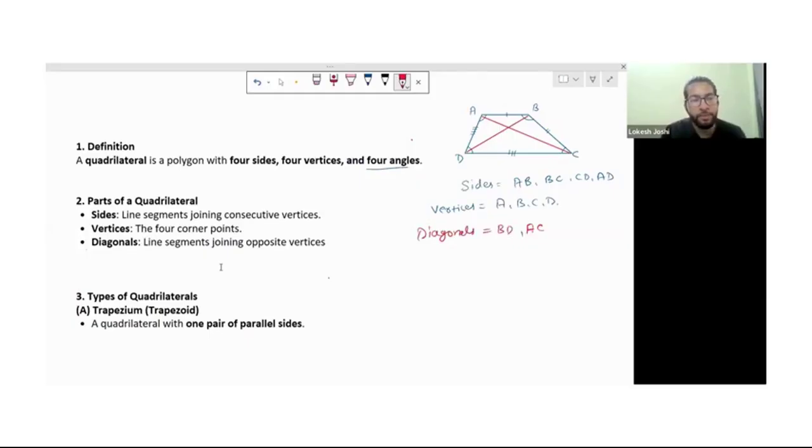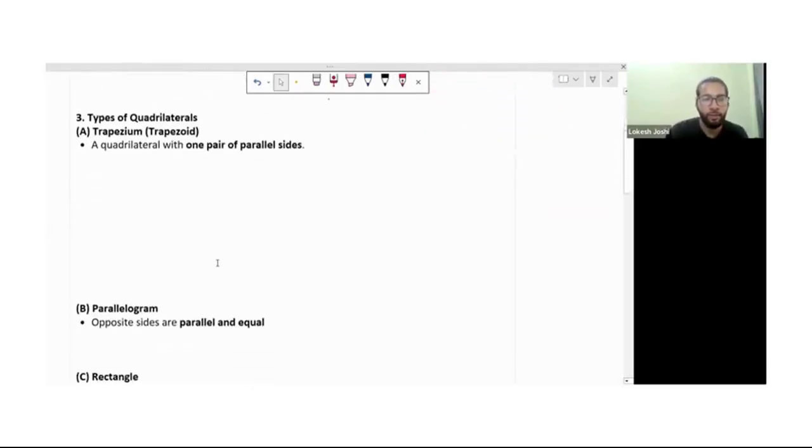Now there are some types of quadrilaterals which we have to do in this chapter. First of all, it's our trapezium. A trapezium is a quadrilateral with one pair of parallel sides, which means if any two sides are parallel, then we can say it's a trapezium. Generally a trapezium looks like that.